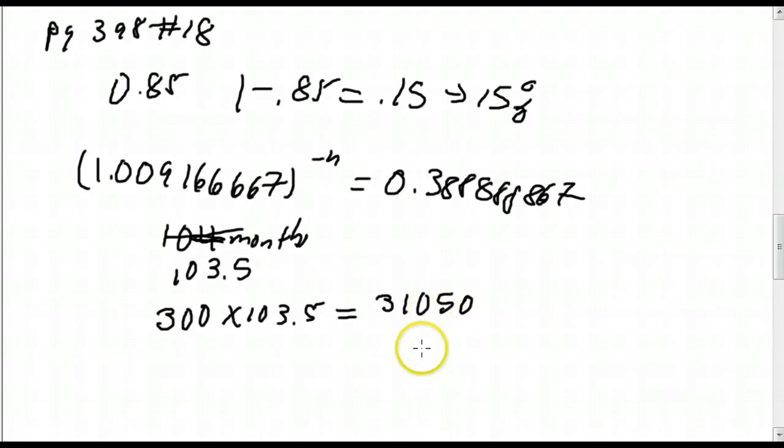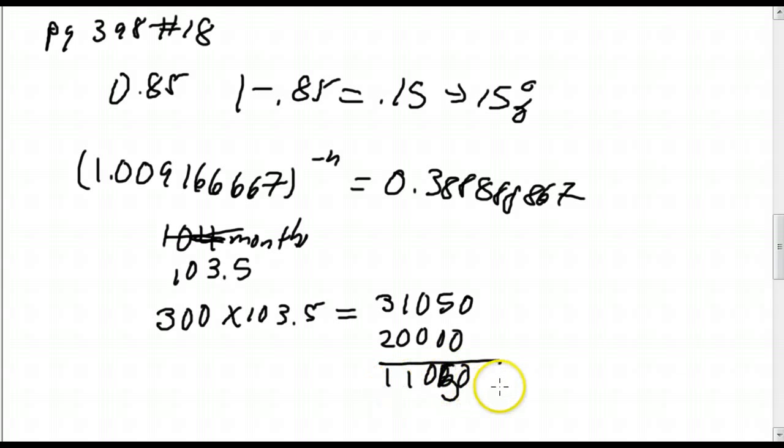She borrowed $20,000 from the bank, and so the interest will be $11,050. So we take the total amount of payments minus the amount she borrowed, which is the total amount of interest that she paid.